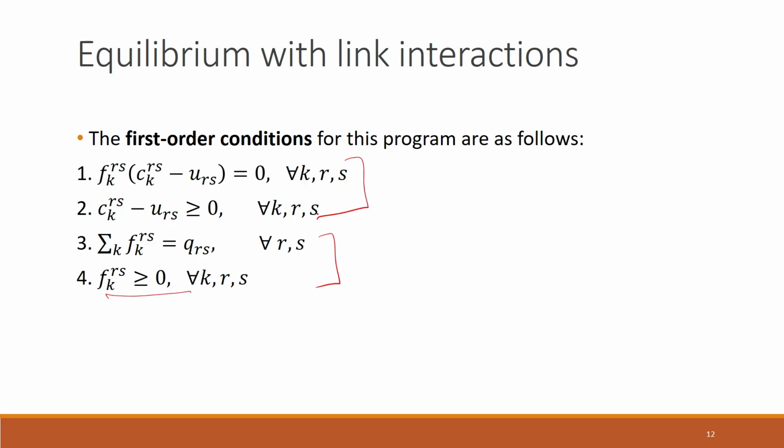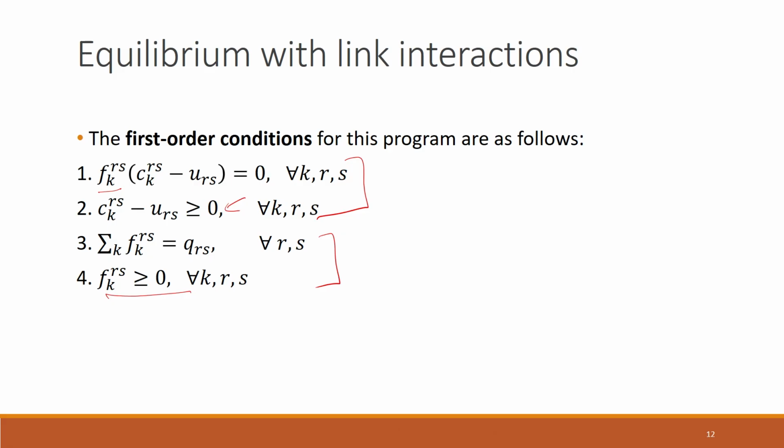And these two are the important conditions which ensure that, for example, if the flow on any path k connecting R to S is equal to 0, then the only useful information that we get is that the travel time on path k connecting R to S will be greater than or equal to the minimum path travel time on that OD pair RS.